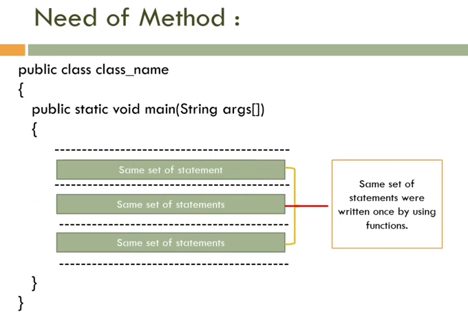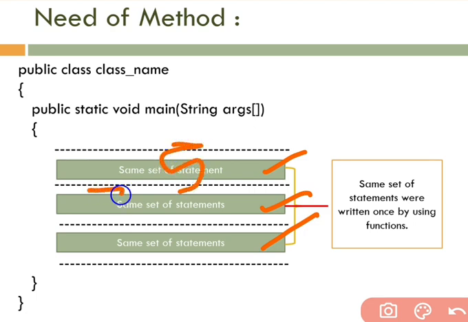And see how. For example, we have a group of statements used 3 times. I'm taking a set of statements where I'm finding a factorial the first time, the second time, the third time I'm finding the factorial of 5, then the factorial of 7, then the factorial of 8. I think you all know the meaning of factorial.